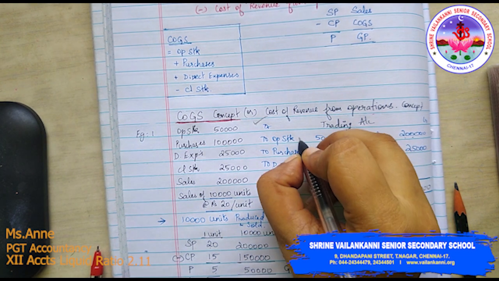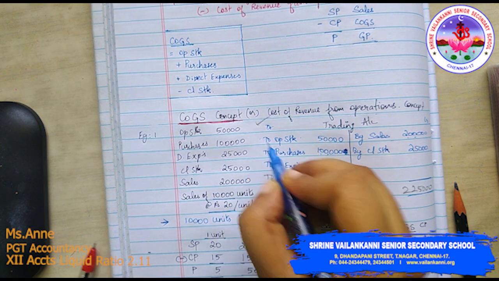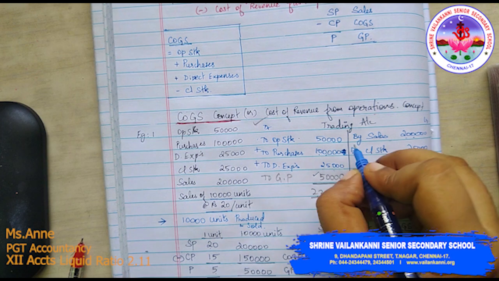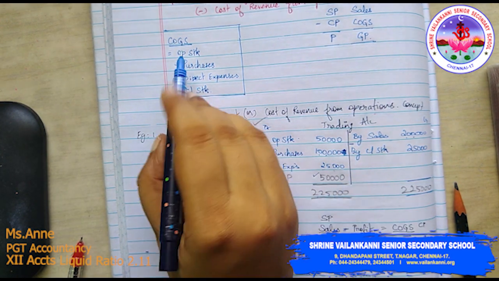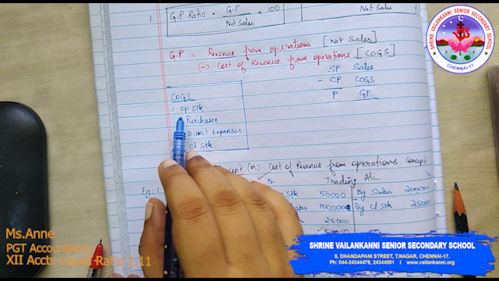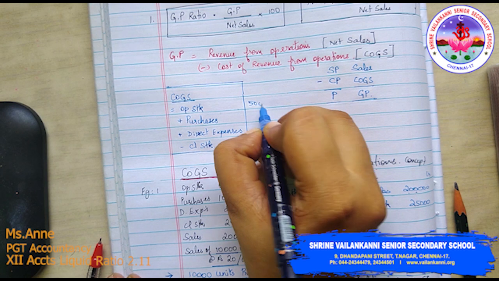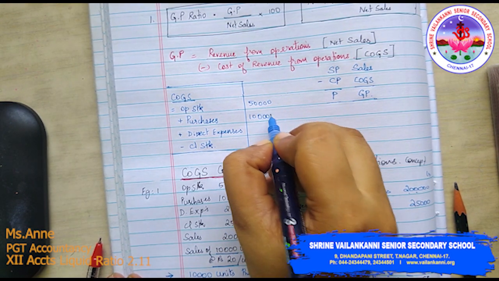So in this cost of goods sold formula, if we apply opening stock plus purchases plus direct expenses minus closing stock, you will get cost of goods sold. We assumed this formula. Do you remember? What is our opening stock? Opening stock is 50,000. Purchases 1 lakh.